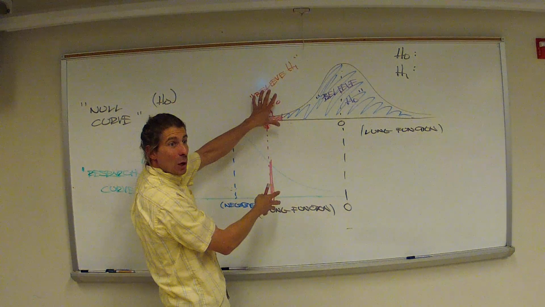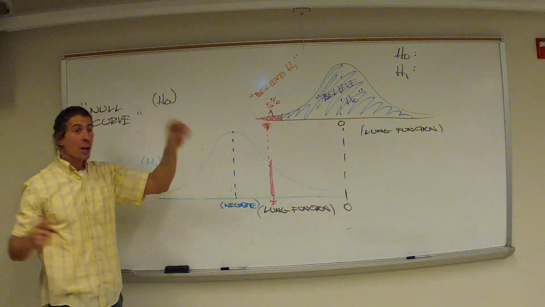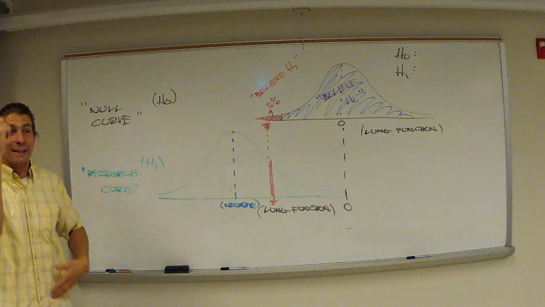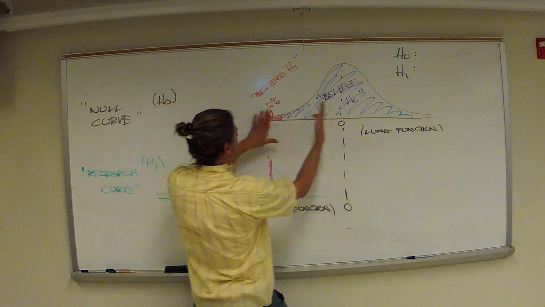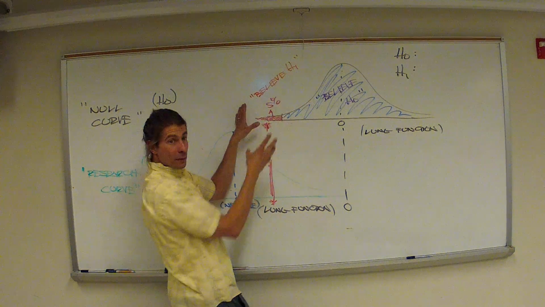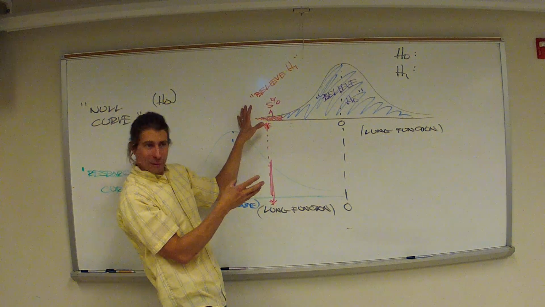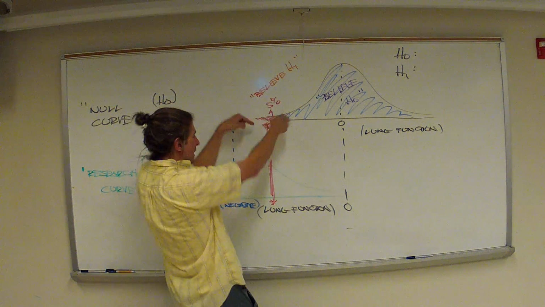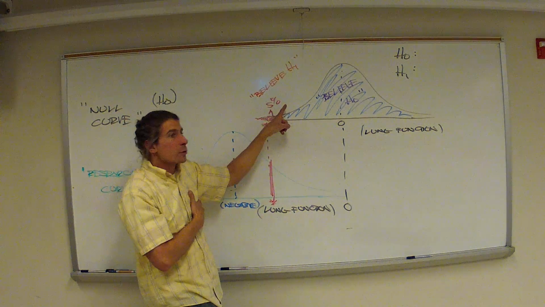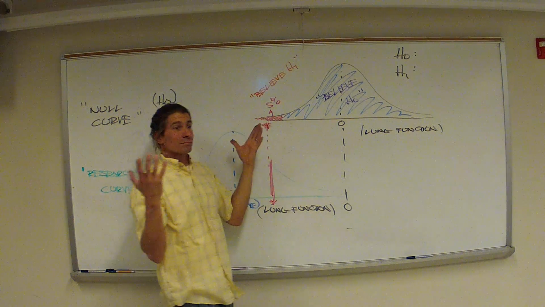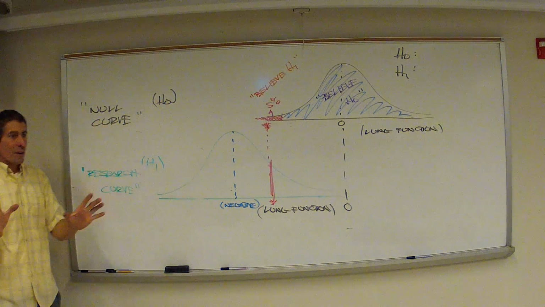But it might still be on this curve. That's a type 1 error. You say something has changed when in fact it hasn't changed. That's saying, you know what? We're so far to the left of this curve, it doesn't belong up here. That's a correct statement to say, by the way. But you could be wrong. You say, to hell with this, I think we're down here. But you might still belong up here. It's just that you got one of those goofy outlier data points. Totally fine. Fair enough?